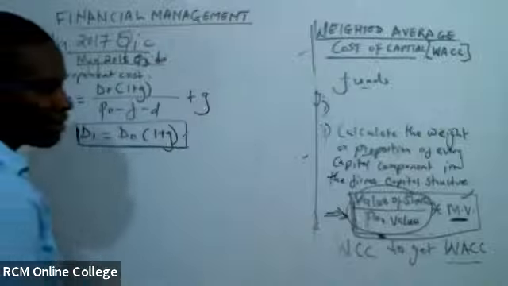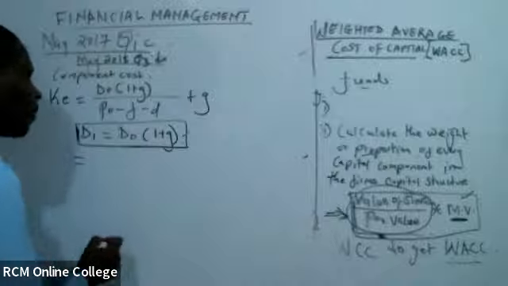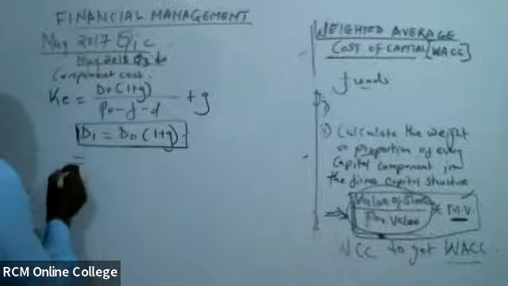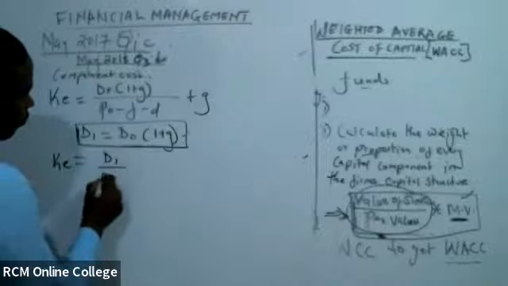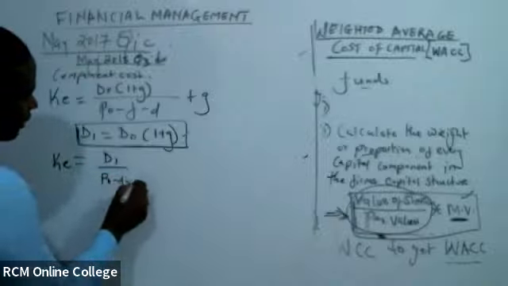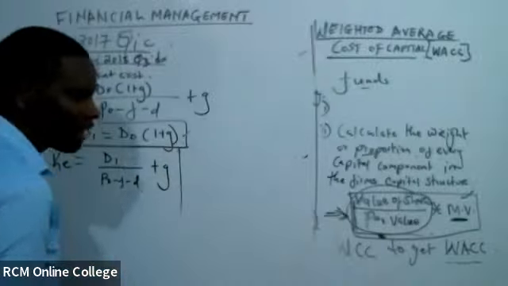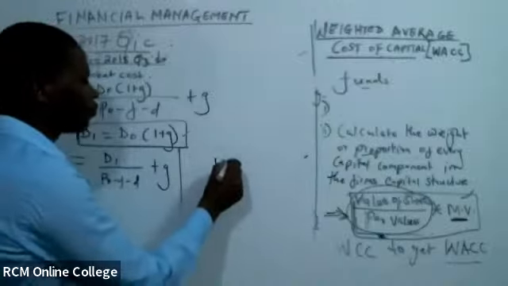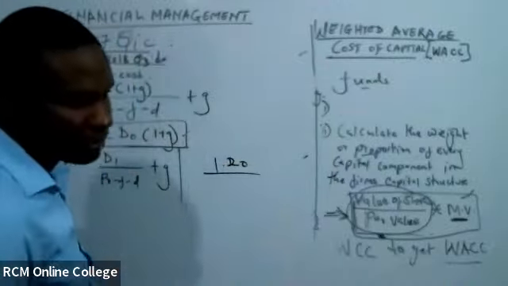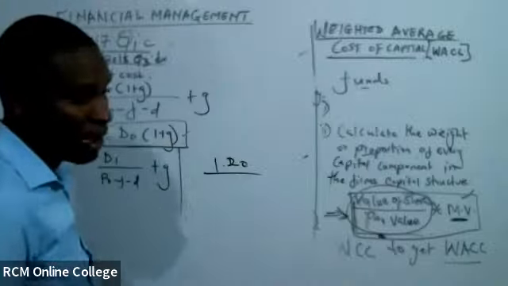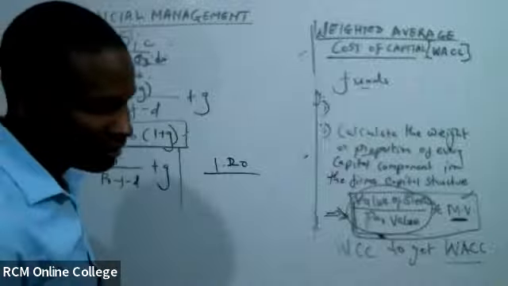So in this case, the question is very simple for us, class. I just need to get D1. What is D1? So KE will be equal to D1 over P0 minus F if any, minus D if any, and then plus G. In this case, can you tell me what our D1 is? 1.20. Divided by P0. What is that? Market value. What were we told? It is 30, isn't it? Yes, it is 30, the market value.